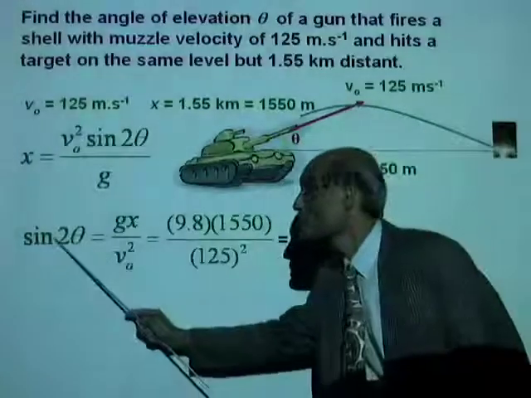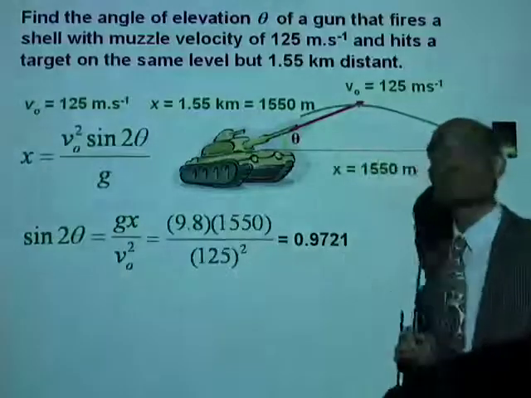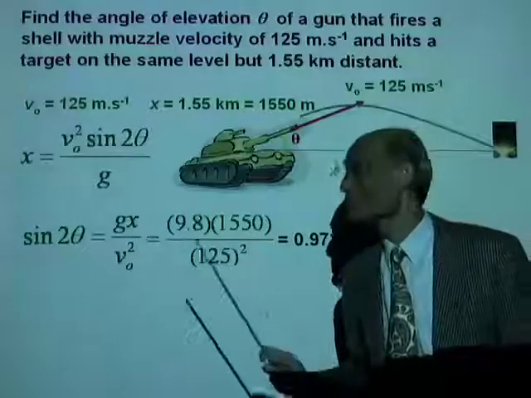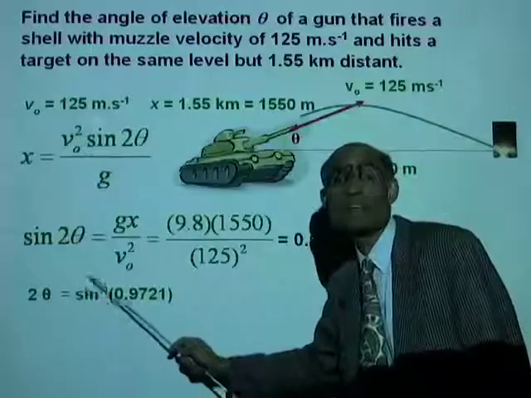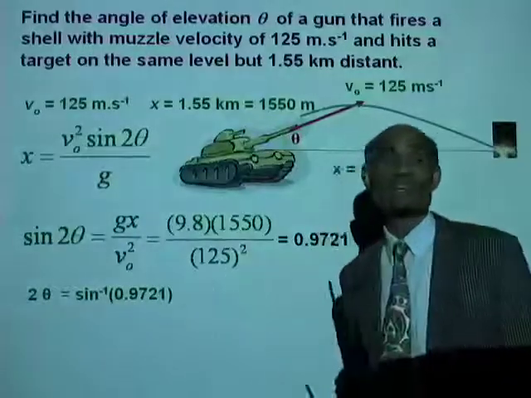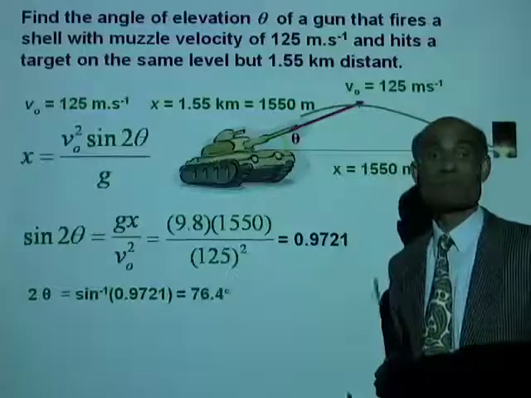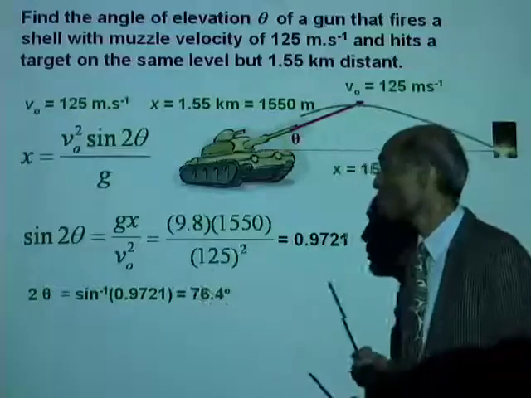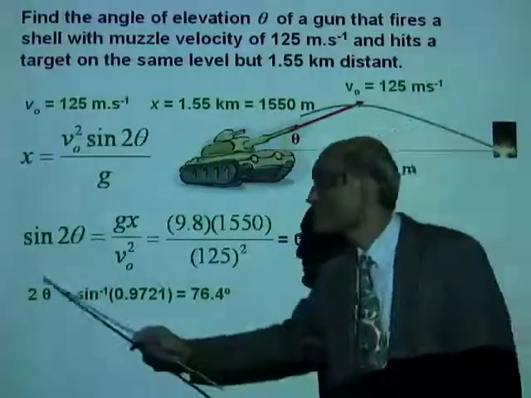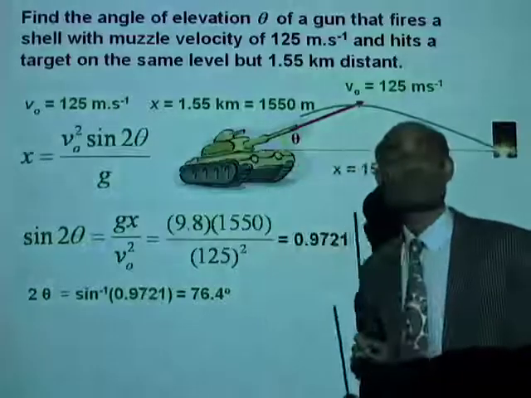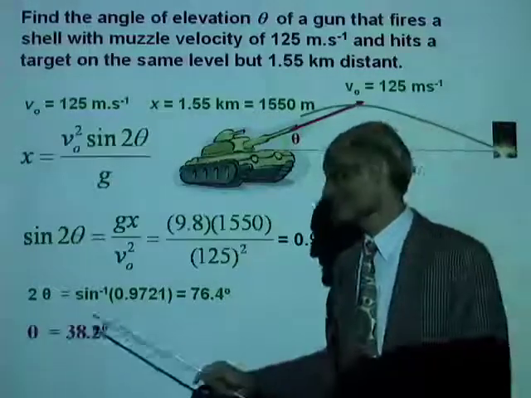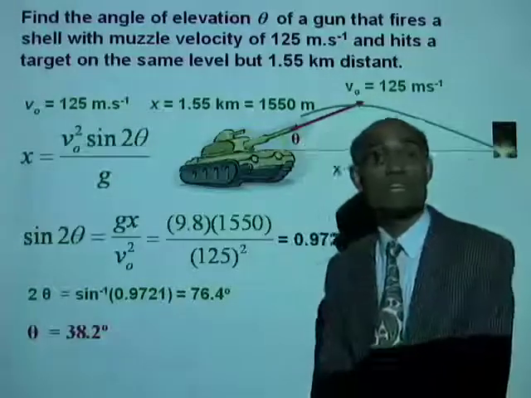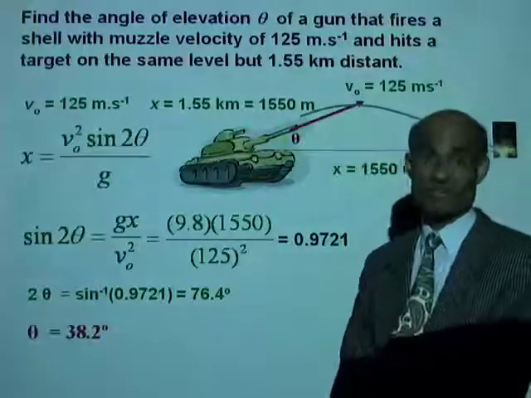If sine of 2 theta is 0.9721, what is the value of 2 theta? 2 theta is sine inverse of 0.9721, and that will be 76.4 degrees. If 2 theta equal to 76.4 degrees, what is the value of theta? Theta is 38.2 degrees.